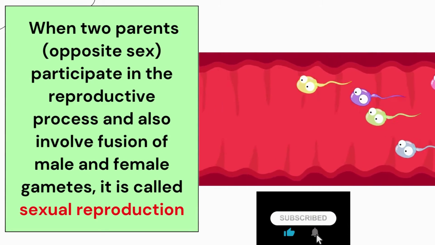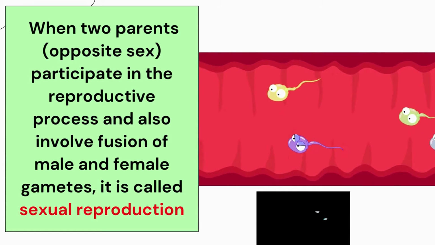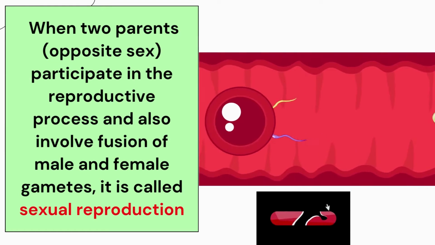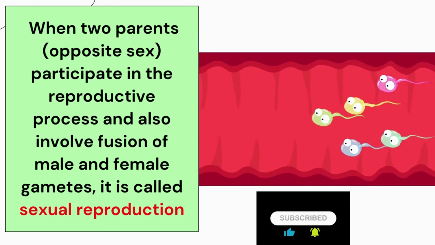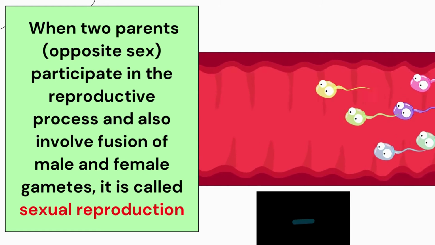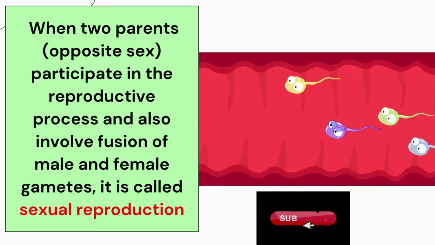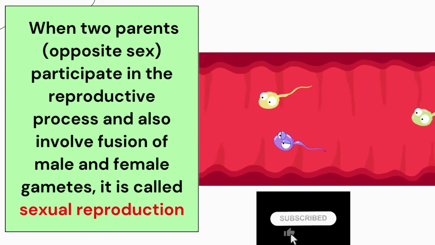When two parents of opposite sex participate in the reproductive process, and it also involves the fusion of male and female gametes, the process is called sexual reproduction.